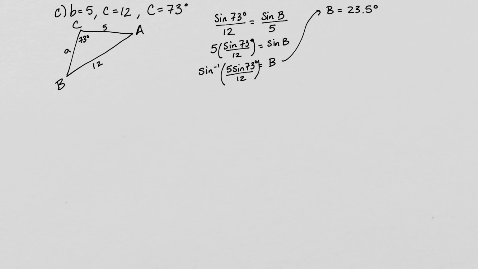I used an inverse sine to get that B. I also have to look at the one that's in quadrant 2, which is 180 minus what we just found, so 180 minus 23.5 degrees, or 156.5 degrees.